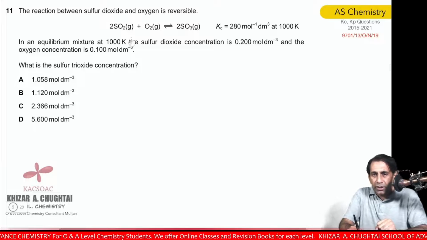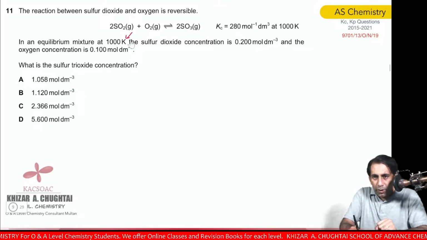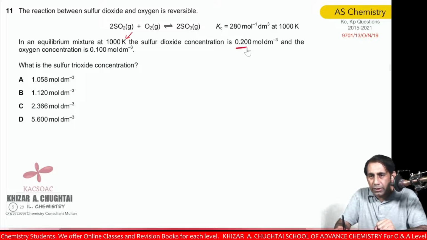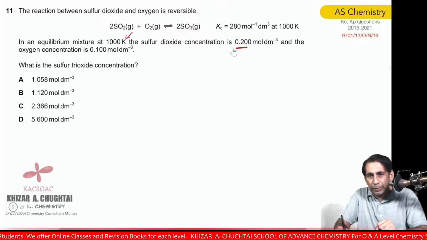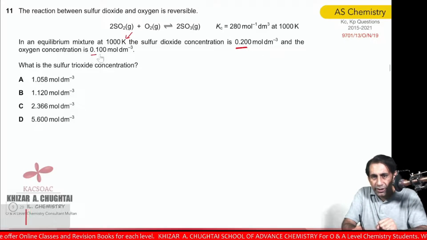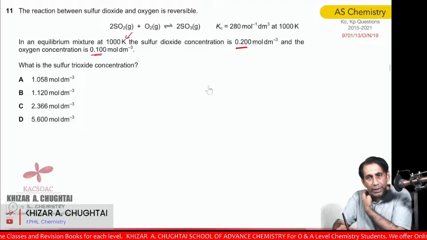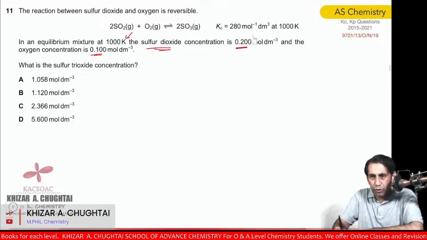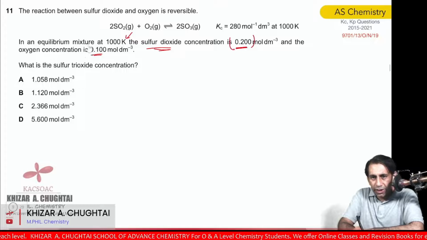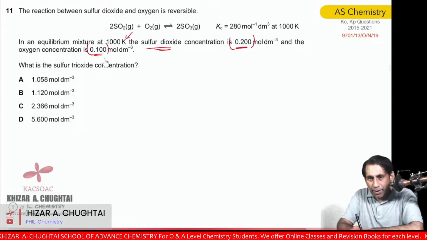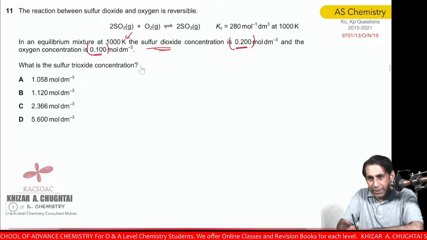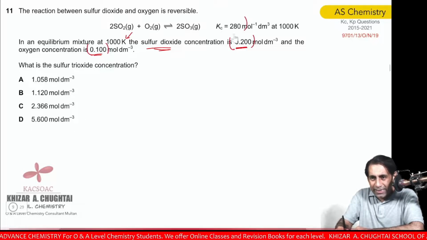In the equilibrium mixture at 1000 Kelvin, the sulfur dioxide concentration is 0.2 mole per dm cube and the oxygen concentration is 0.1 mole per dm cube. What is the sulfur trioxide concentration? If Kc is given, simply write the expression.